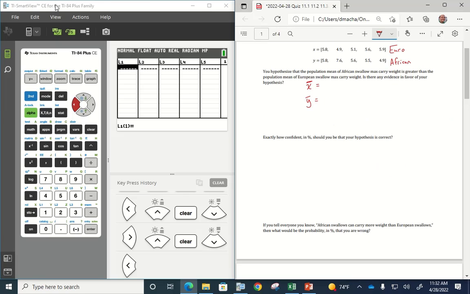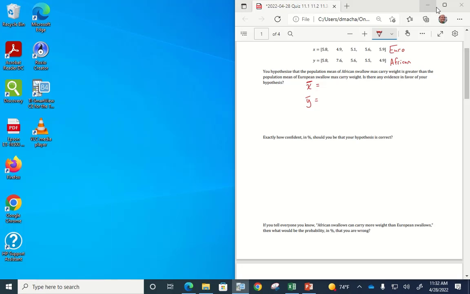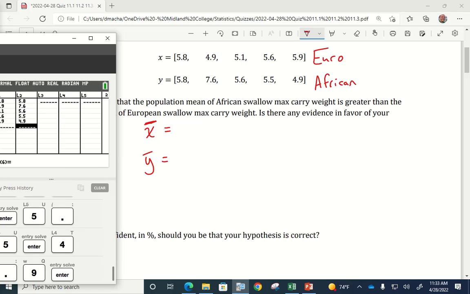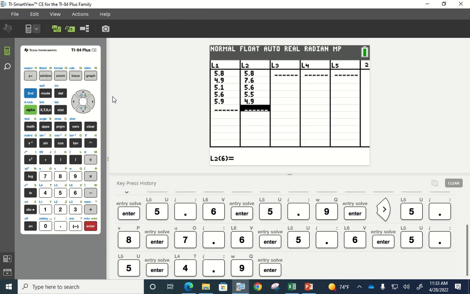It'll be faster if I do it from here. And in list 2, I'm going to put 5.8, 7.6, 5.6, 5.5, 4.9. Okay, so I have that data in my list 1 and list 2.